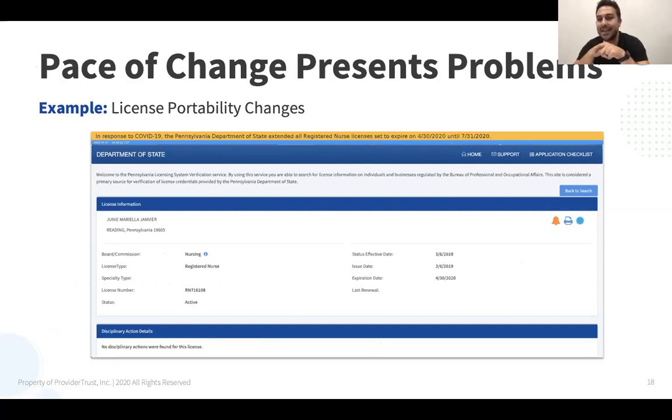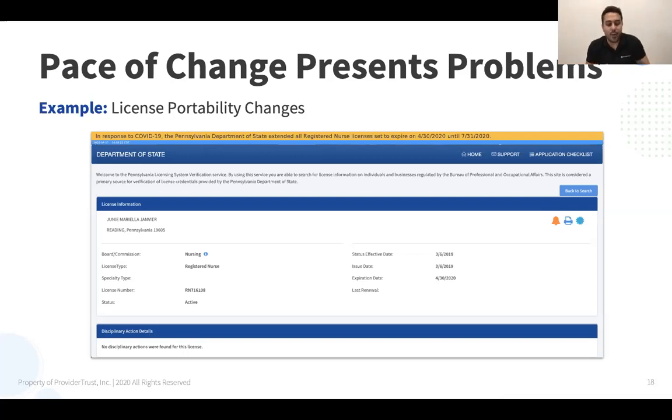We are seeing different licensing boards extend providers' licenses, and the degrees to which those are getting back to quote unquote normal is varying state by state, board by board. That represents a credential verification problem as part of your non-par claims validation, because all of a sudden these sources are not necessarily behaving like they once did, and the process that you may have in place for ensuring non-par provider eligibility before you process a claim may just simply be harder to keep up with than it once was.